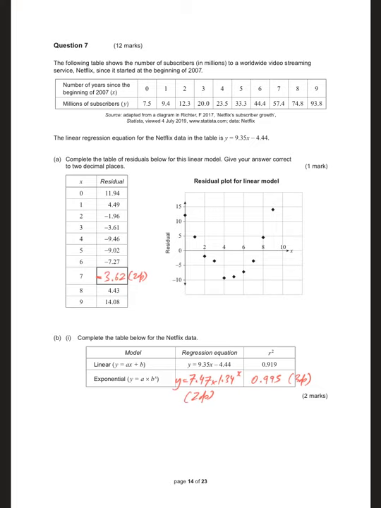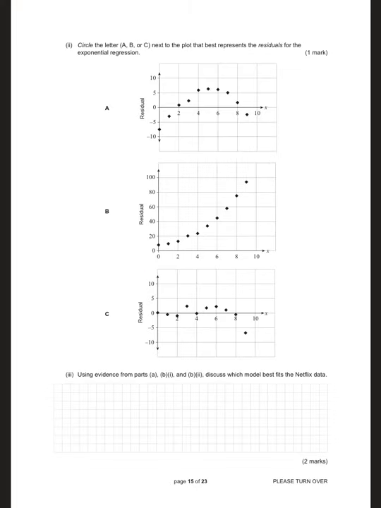Okay, moving on. Circle the letter A, B, or C next to the plot that best represents the residuals for the exponential regression. So for exponential, you'd want to look at the residuals. I'm going to go stat, edit. I've just done an exponential regression. I'm going to put the residuals in list 4. So second stat, RESID.